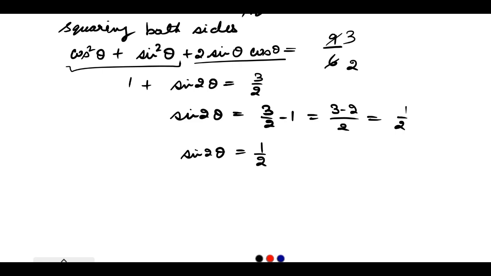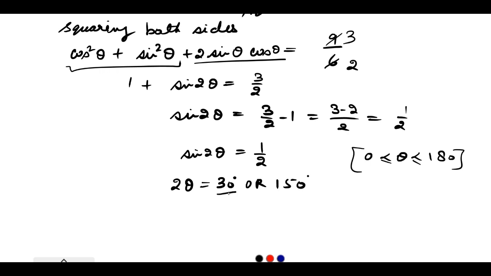We have to find inclination, and inclination lies between 0 and 180. 2 theta is equal to 30 degree and 180 minus 30, means 150 degree, because sin 30 is equal to 1 by 2 and sin 150 is equal to 1 by 2. It means theta is equal to 15 degree or 75 degree, means the inclination of the line according to the given condition is either 15 degree or 75 degree.